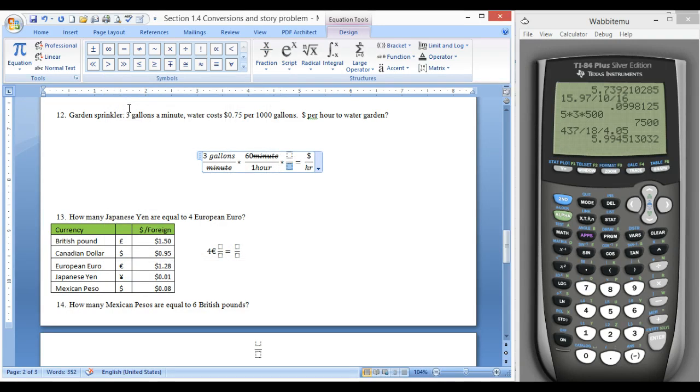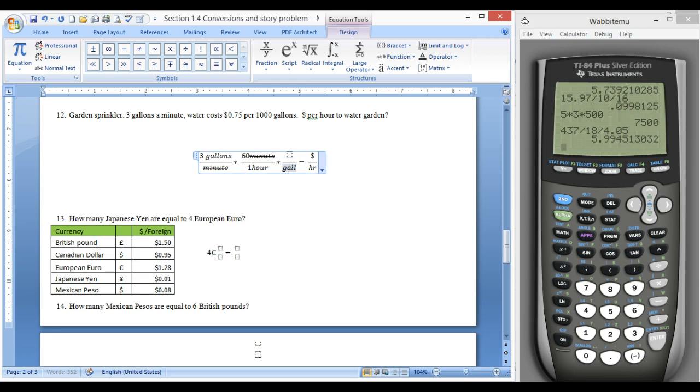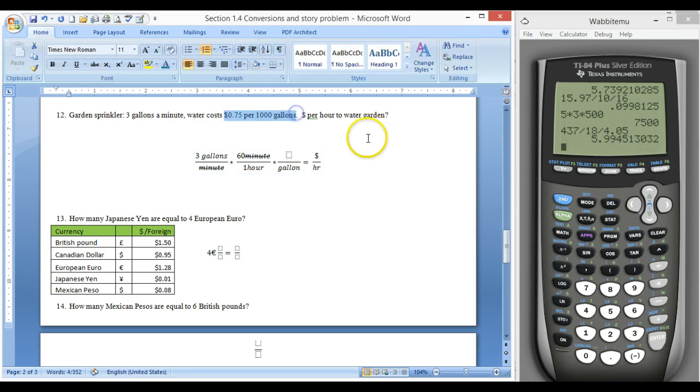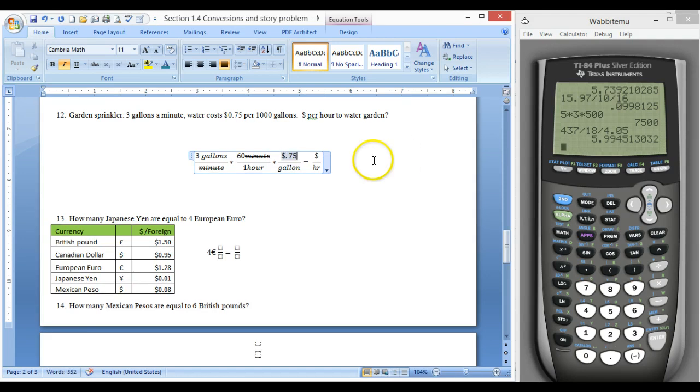And I want to get rid of that gallon on the top. So I'm going to multiply it by gallon on the bottom, which with my conversion, they've told me how much it costs. I know that here will be 75 cents per 1,000 gallons.